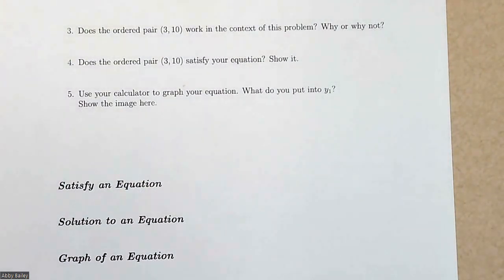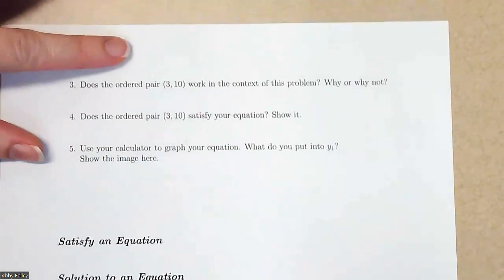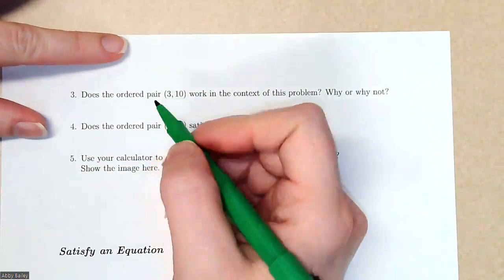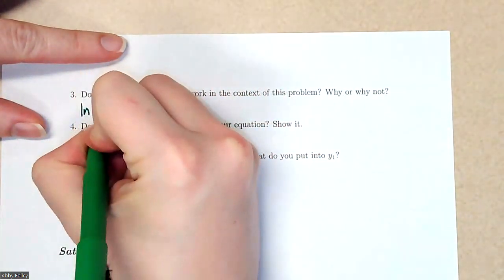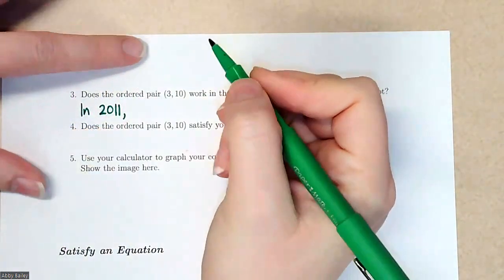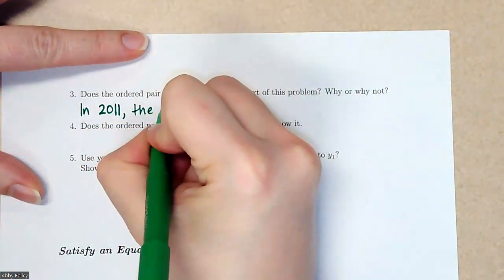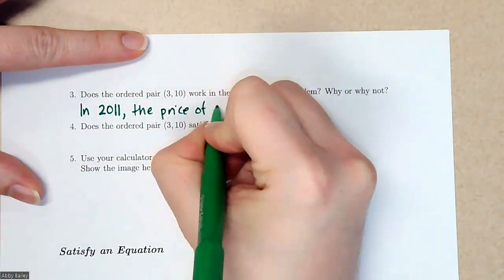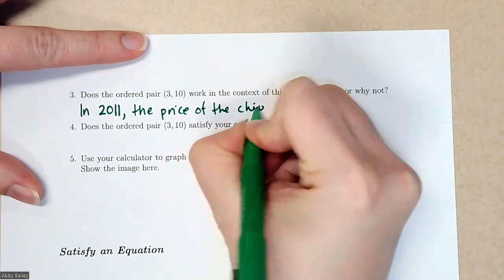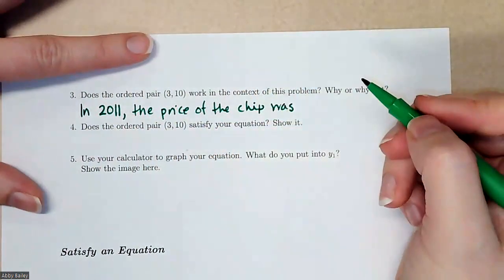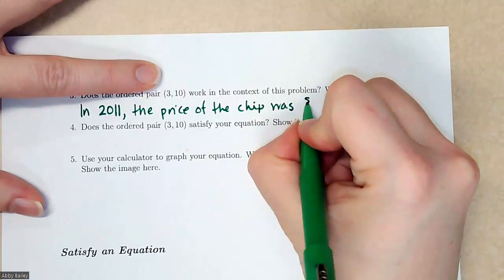Does the ordered pair (3, 10) work in the context of this problem? Let's see. 3 years after 2008 was 2011. In 2011, the price of the chip was $10?